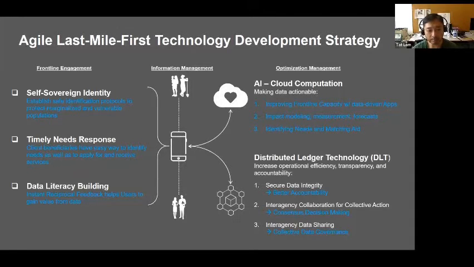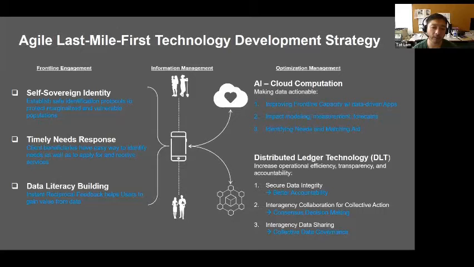So the frontline engagement is not just about technology, but also about communication. Because, for example, self-sovereign identity, timely needed responses, and data literacy building are more about creating the efficacy and the foundation for the participants to contribute data, to trust the systems, and so on.